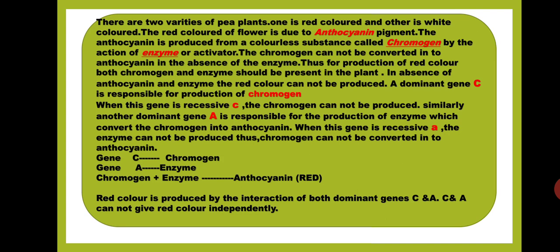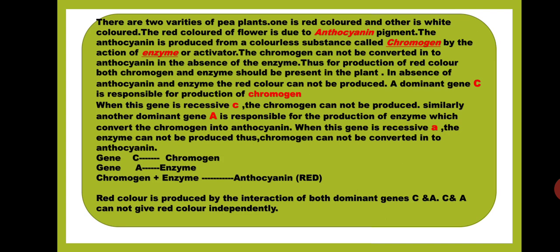Thus, chromogen cannot be converted into anthocyanin. That's why the capital C gene produces chromogen and the capital A gene produces the enzyme. When both capital C and capital A genes are present, anthocyanin pigment is produced, and the flower color comes in the form of red.